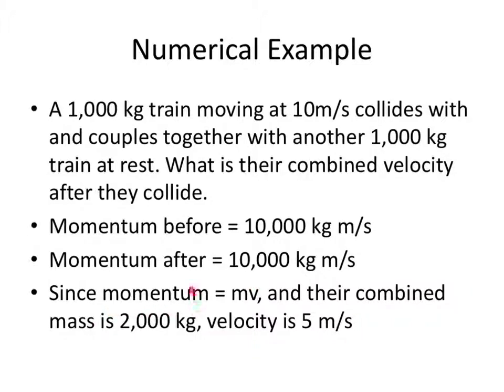If momentum, 10,000 kilogram meters per second, equals m times v, and their combined mass is 2,000 kilograms, so that's m, if we solve for v, then we would divide the 10,000 kilogram meters per second by the 2,000 kilograms and come up with a velocity of 5 meters per second. By the way, this is a good example of an inelastic collision because the two trains collide and they stick together.